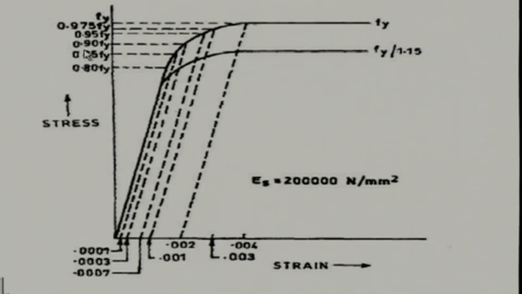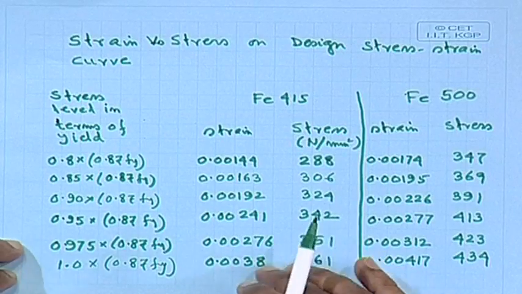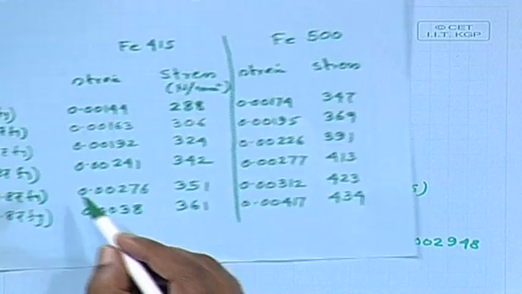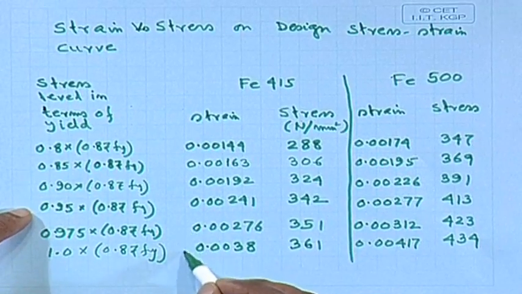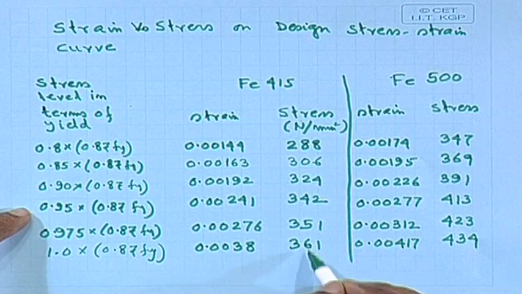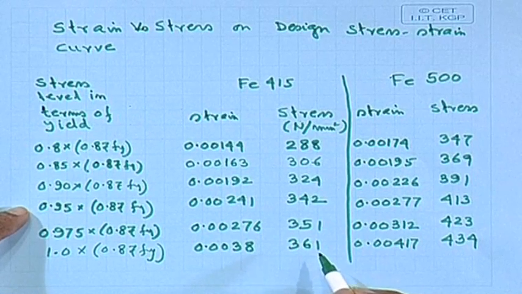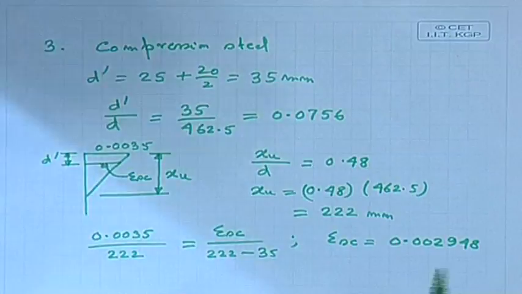Instead of that, it is better to use this table, and in our case 0.002948 is coming in this interval. So, we can find out the corresponding stress in compression steel. You can get that in IS 456 also. SP16 is the design aid, that is special publication, but IS 456 is the actual code which you have to follow.